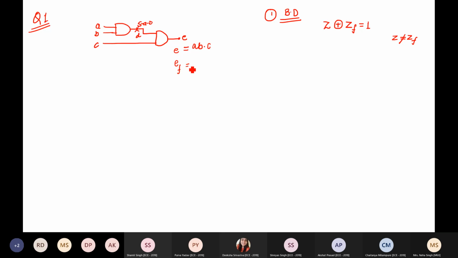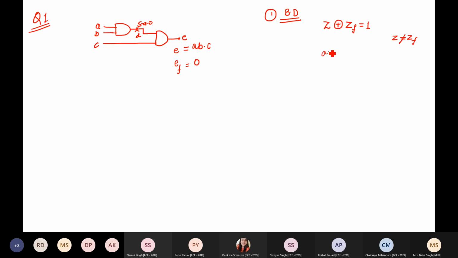The faulty output E will always be equal to 0, right? Because D is stuck at 0, so one of the inputs of this AND gate is stuck at 0. So the output E will always be 0.